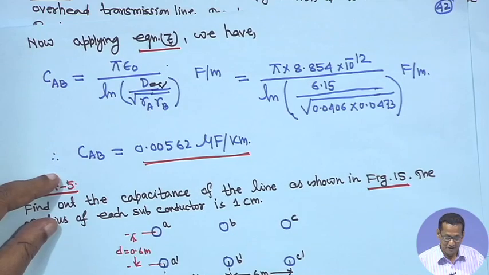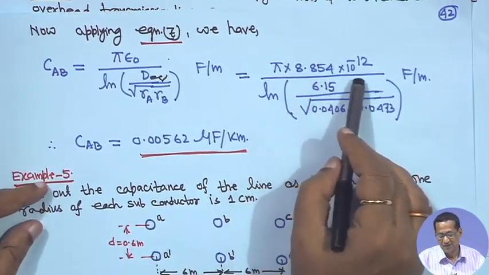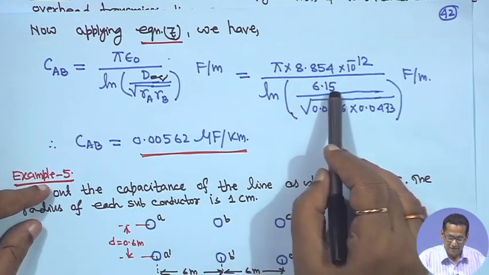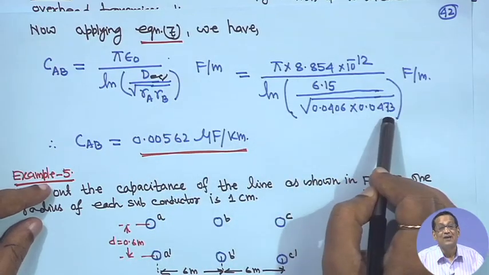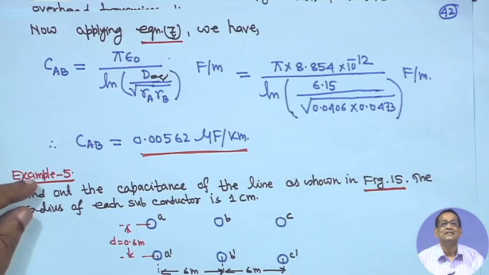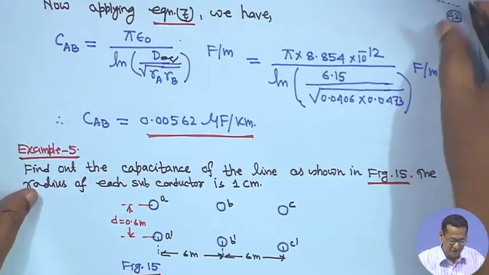So this will be pi and epsilon 0 is 8.854 into 10 to the power minus 12, and ln 6.15 divided by root over R A into R B, that is basically dSA into dSB. There should not be any confusion in this equation.